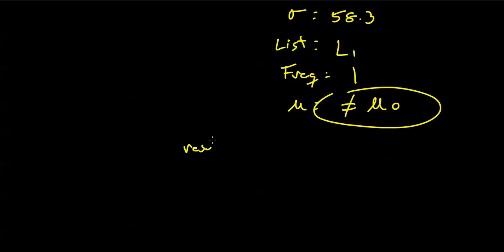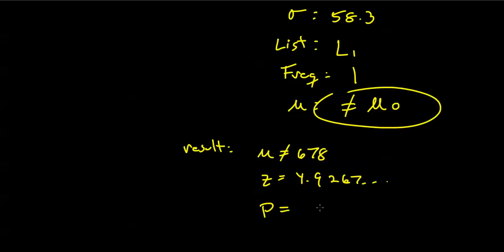And again, in the results screen, the calculator reminds you of your alternative hypothesis. It returns a z-score of your sample mean. And again, we are interested in the p-value here. Again, that's 8.37 times 10 to the minus 7th power.